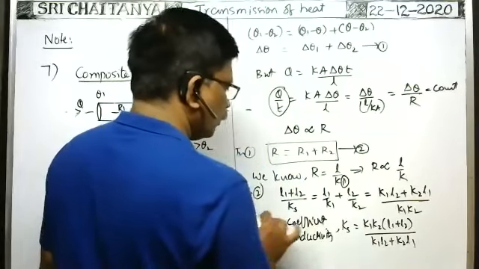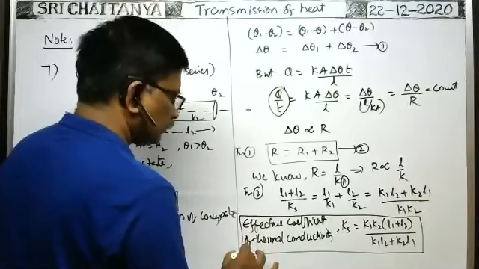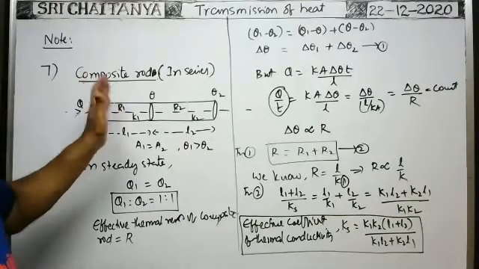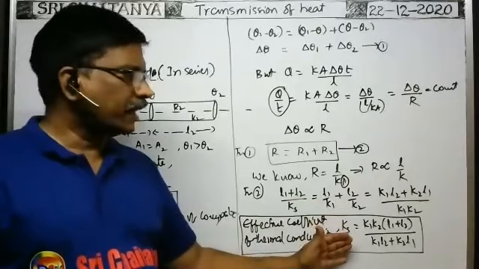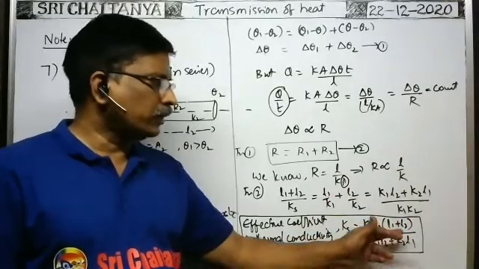This is the effective coefficient of thermal conductivity. So when two rods are joined end to end or in series, then the effective coefficient of thermal conductivity Ks is equal to K1 K2 into L1 plus L2 by K1 L2 plus K2 L1.